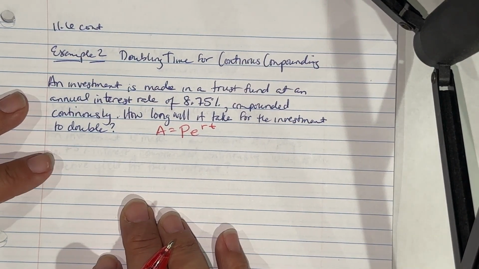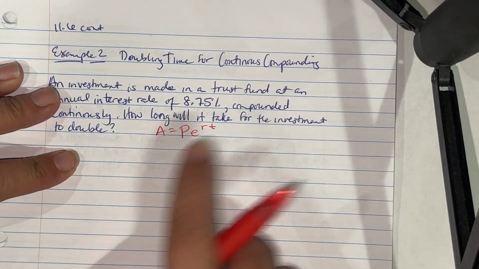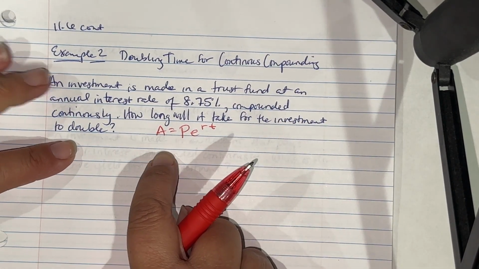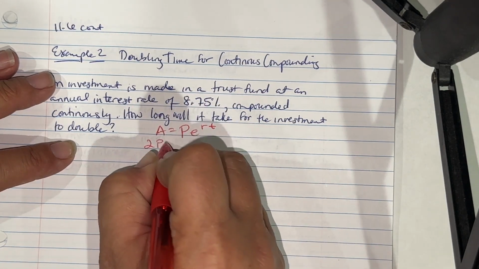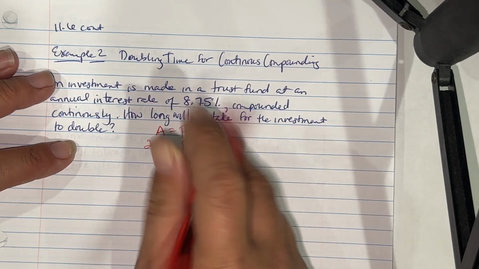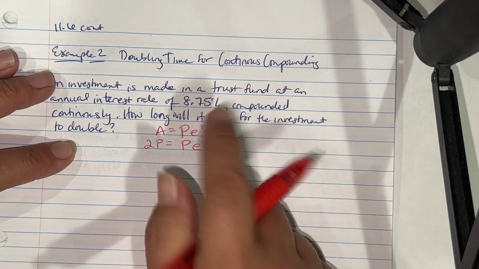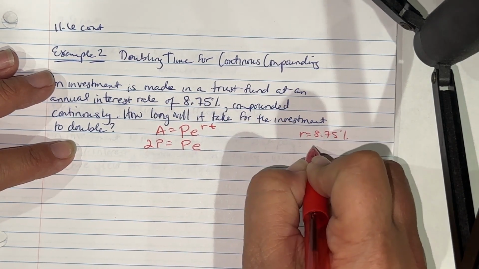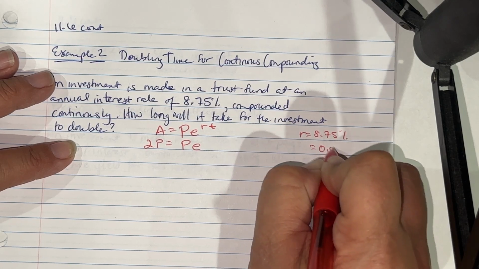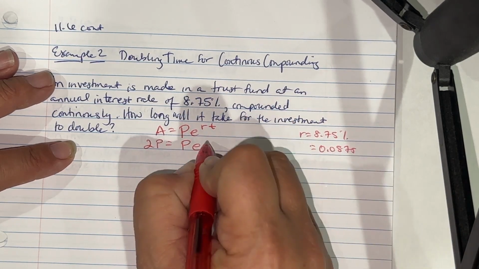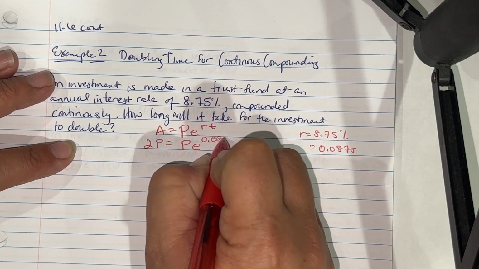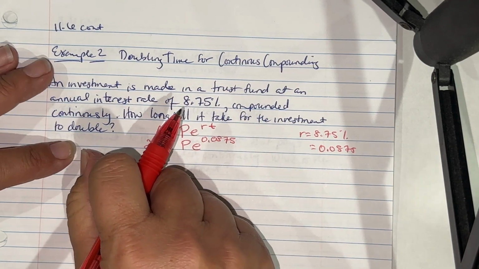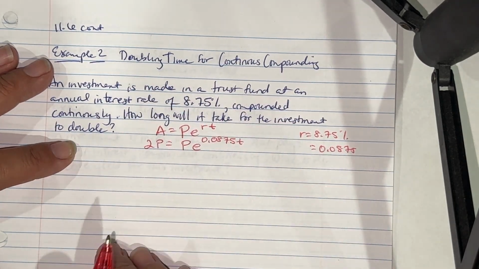It wanted us to find when it doubles, so you've got to think of it as 2P equaling P e. Our R is 8.75%, but as a decimal it's 0.0875, and T is what we're trying to find, our time frame.